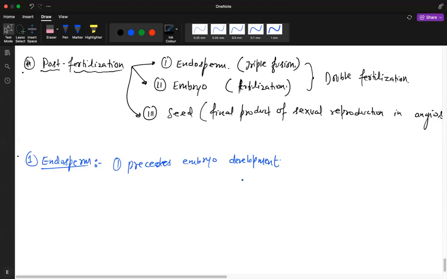And how is the endosperm tissue formed? So the primary endosperm cell continuously keeps dividing. You know that the primary endosperm cell itself is triploid, and it keeps dividing to form a triploid endosperm tissue. Okay.